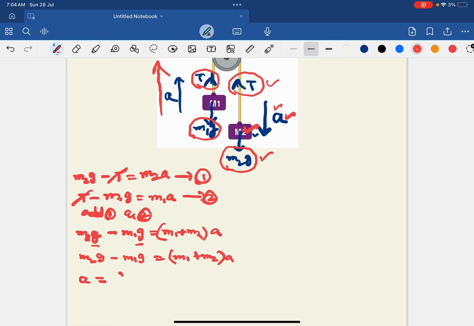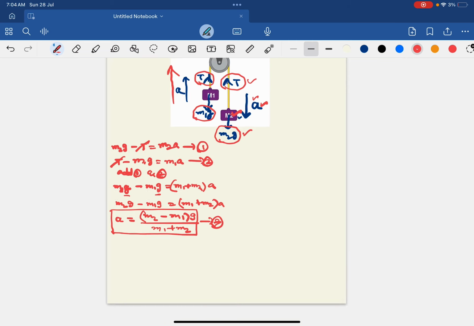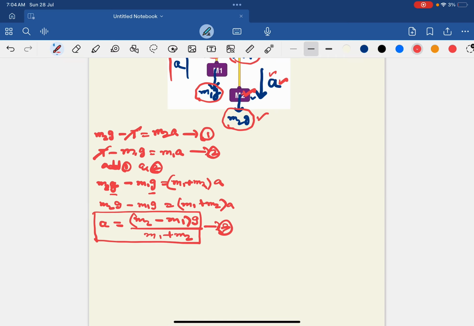From this, acceleration a is equal to m2 minus m1 into g by m1 plus m2. This is the acceleration of the two blocks. Let us call this equation number 3.